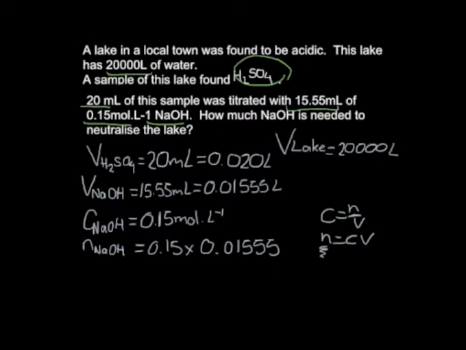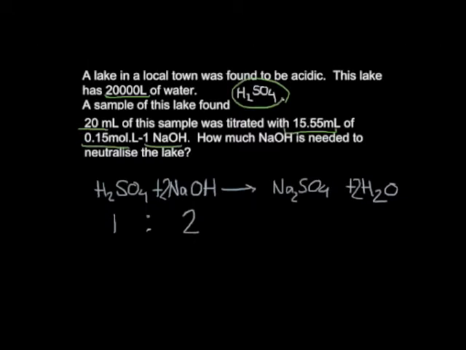So the number of moles of sodium hydroxide equals 0.0023325 moles. I'm not going to round at this point, but I do know at a later stage that that's an incorrect number of significant figures, and I'll have a look at that then.